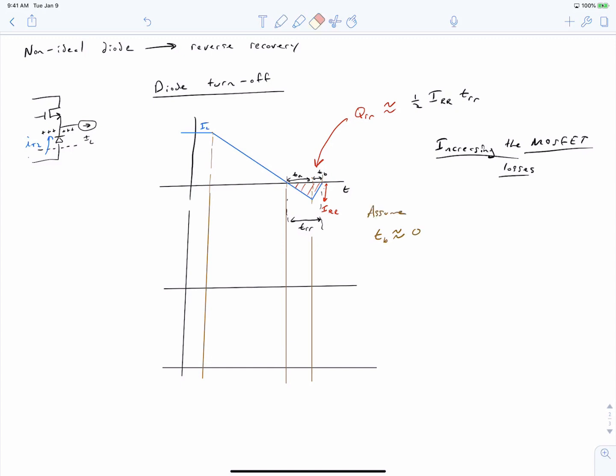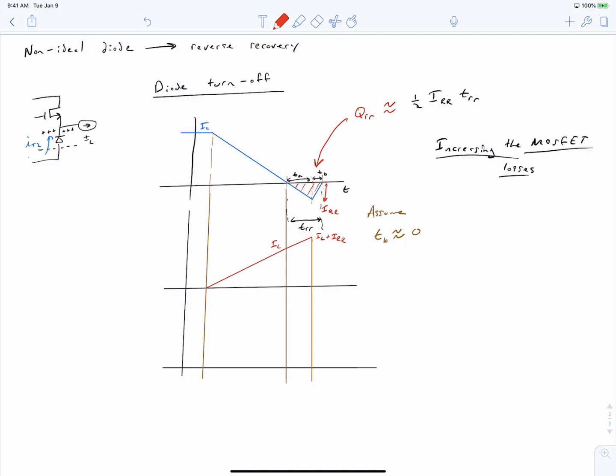And so if we plot our MOSFET drain current, it will increase from the value that it normally would have, which is IL, but it's going to keep going. From IL, it's going to keep on increasing until it gets to the value IL plus IRR.